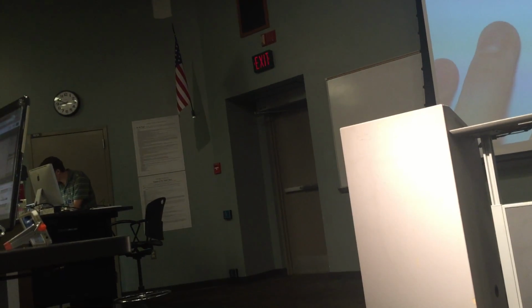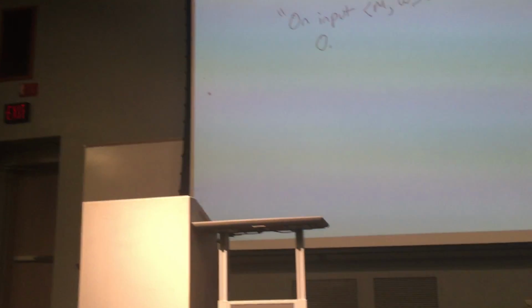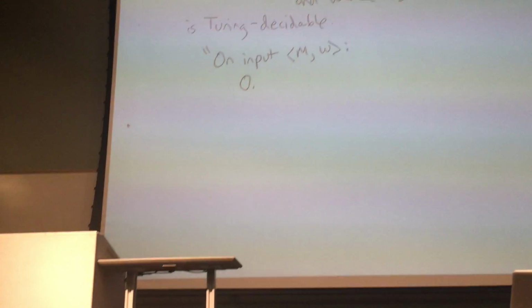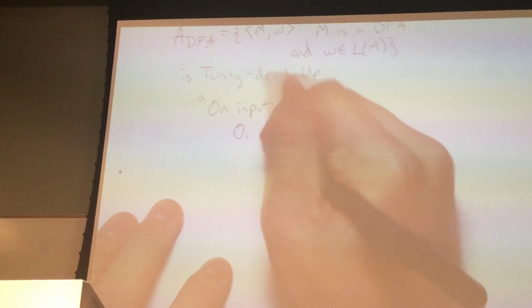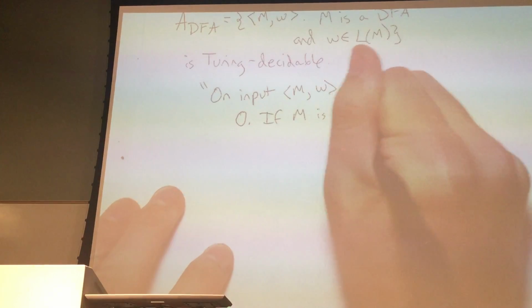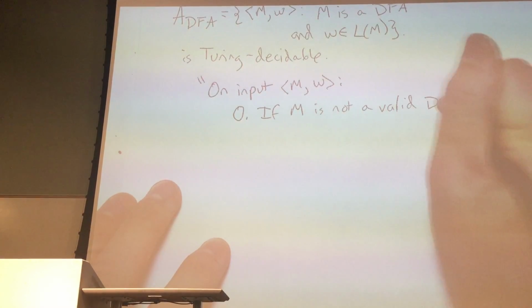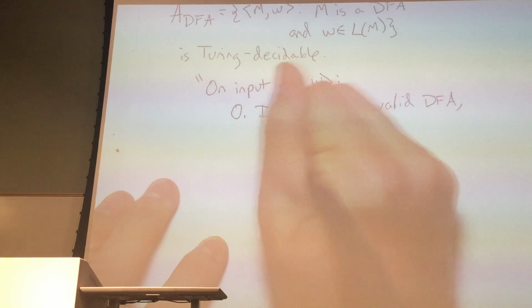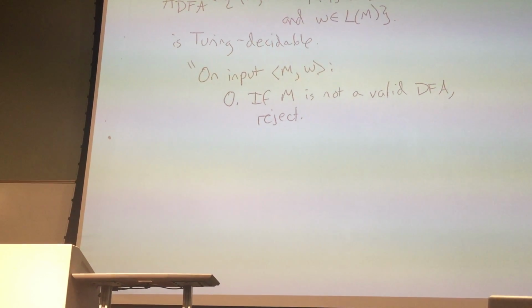So we usually write this as step 0 because we just assume that you take care of the input already, and we don't need to write this every single time. So if M is not a valid DFA, reject immediately.